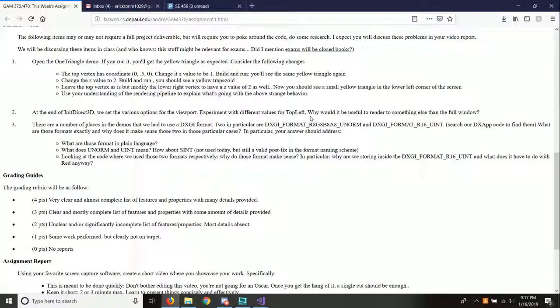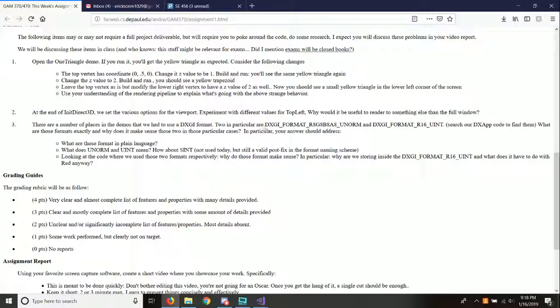If this browser was our game, this top part would be our UI, and we'd want the viewport to start at about here. So that's why that would be useful. Also, there is the ability to draw more than one viewport, which would be very useful for split screen multiplayer or VR.